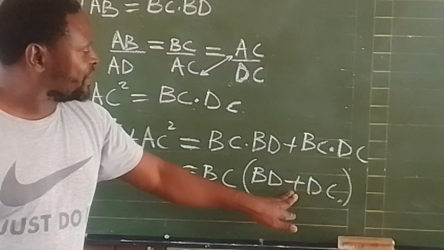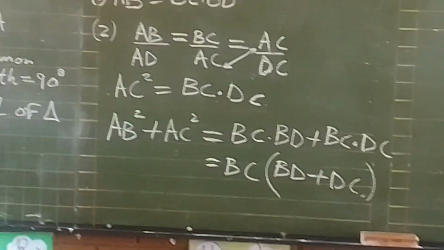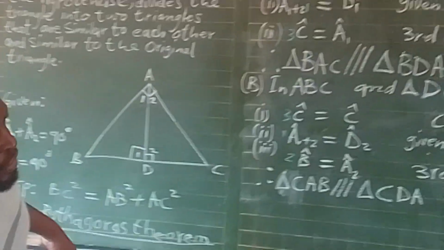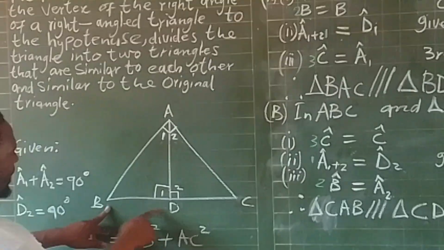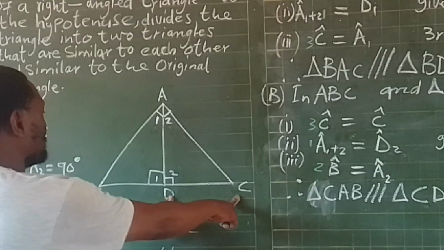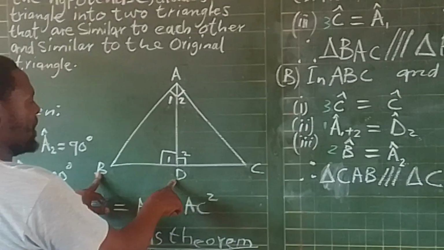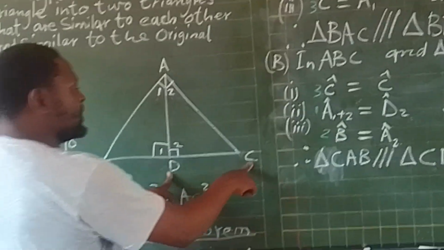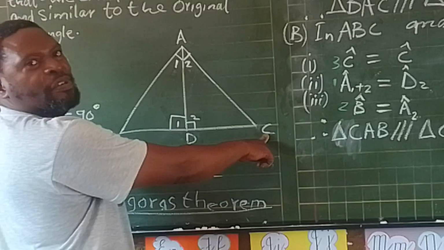Let's check our BD and DC from the big triangle. What is your BD? Your BD is here and your DC is here. Therefore, BD plus DC is equals to BC.